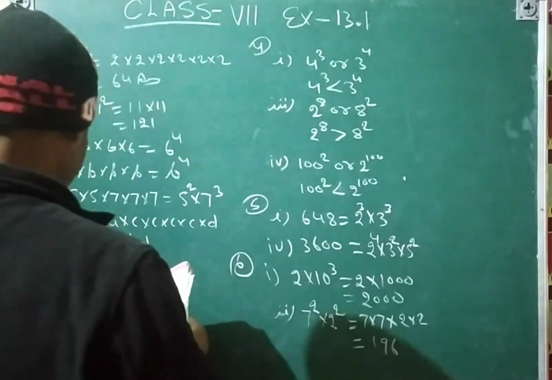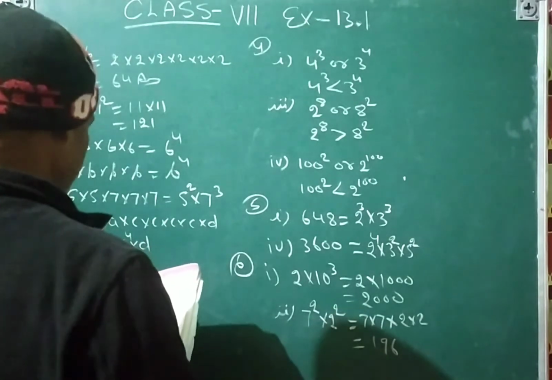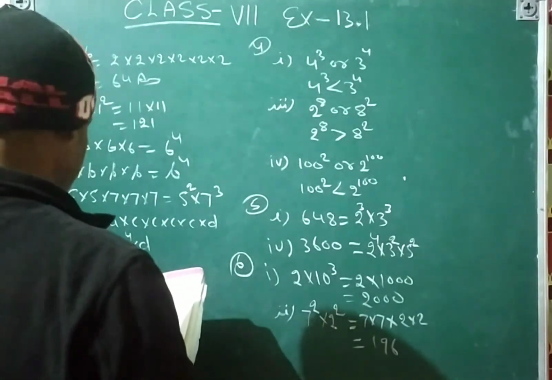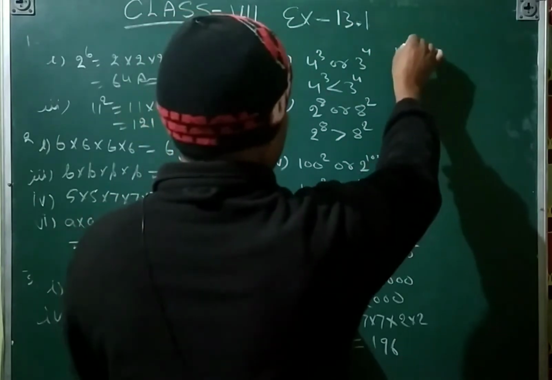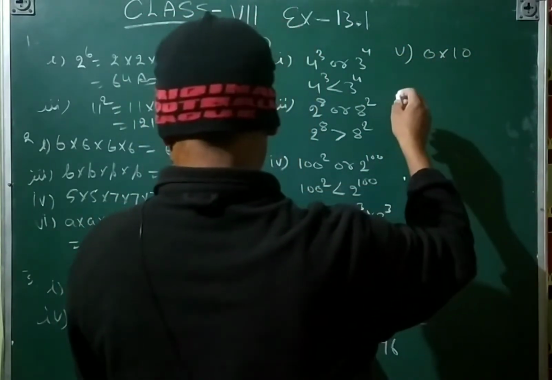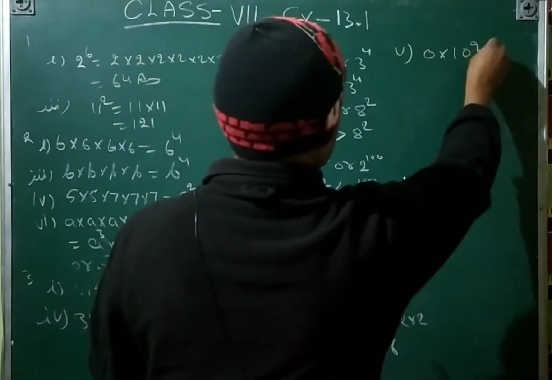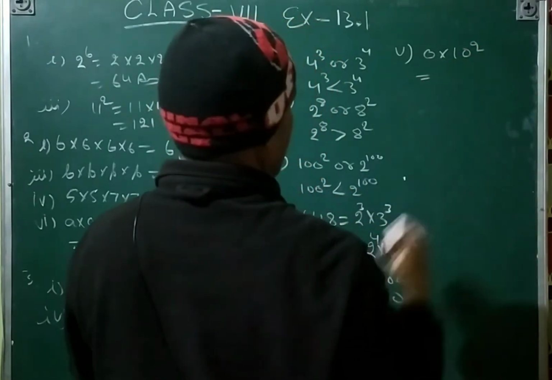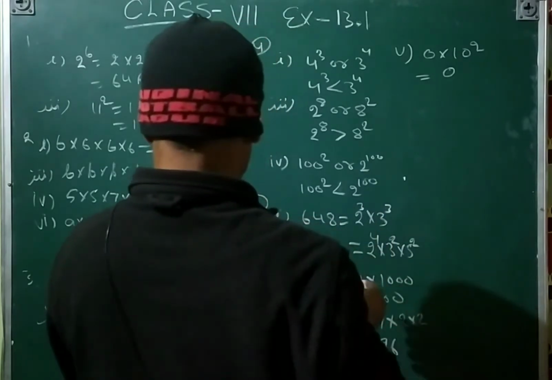And then another part, see that is the fifth part. 0 multiply 10 power 2. So if you multiply 0 by any number, then that will be 0.